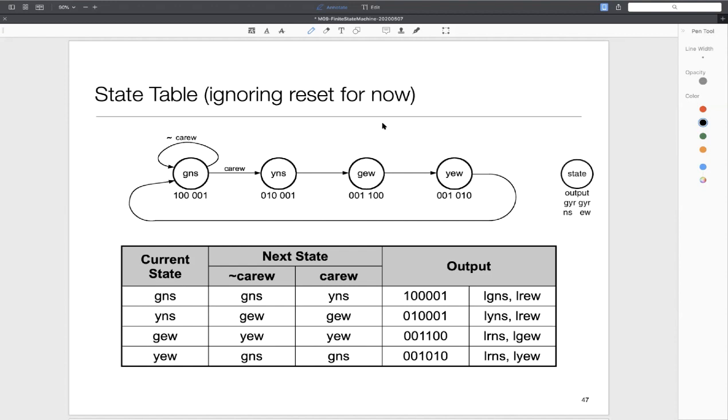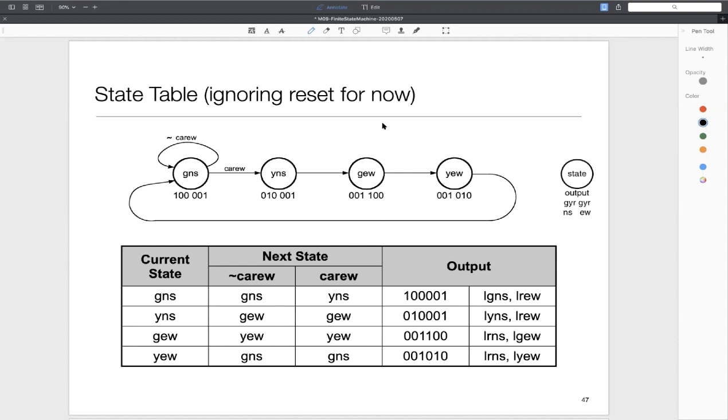So now what we do is we make this table, which tells me what is happening when in the current state, and given the input, what is the next state and what is the output. Now this is a Moore machine, so my output only depends on the current state, right?